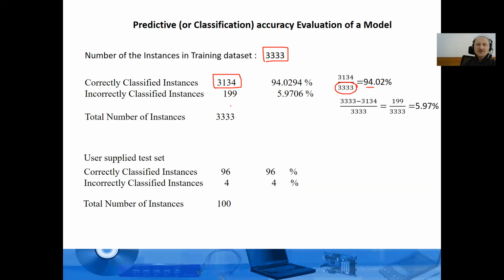And misclassification error is this one. In your data set, you have this amount of samples, minus correctly classified, divided by all. 5.97% is the misclassification error. This one is the correct classification, and this one is the misclassification error.